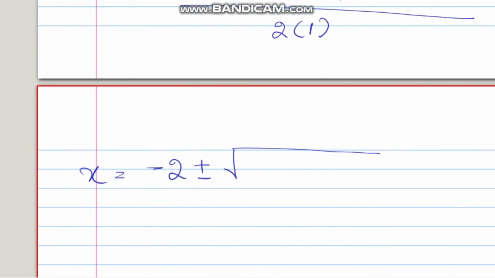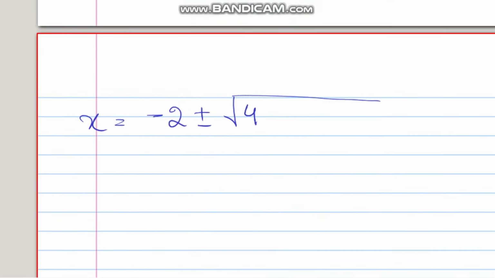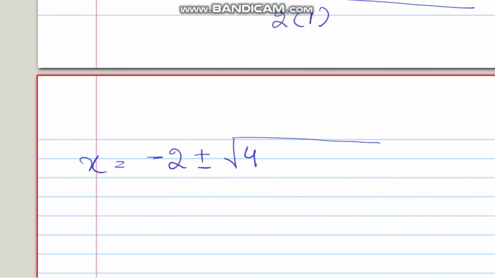So just simplify this. X is equal to minus b will be the same, minus 2 plus minus the square root of, so what is b square here? What is 2 square? 2 square is 4, and just multiply 4 with 3. 4 multiplied with 3 is 12, and 12 multiplied by 1 is 12. So I will write 4 minus 12.